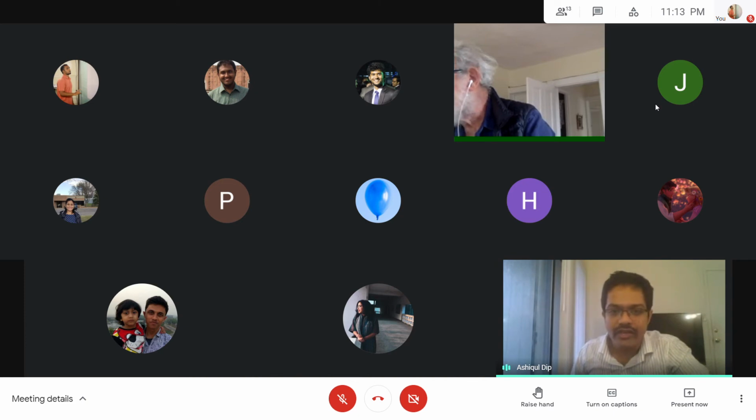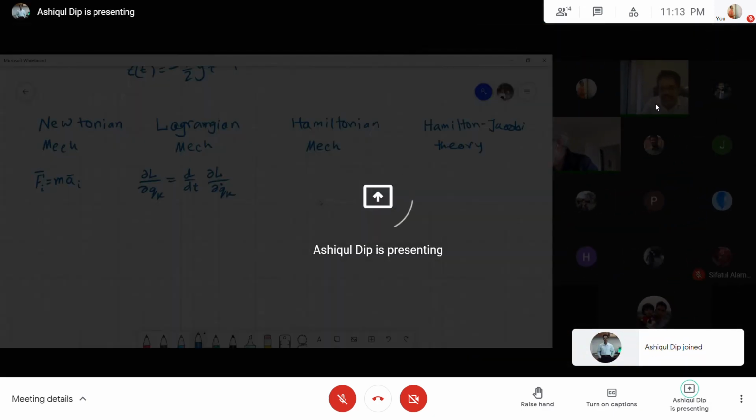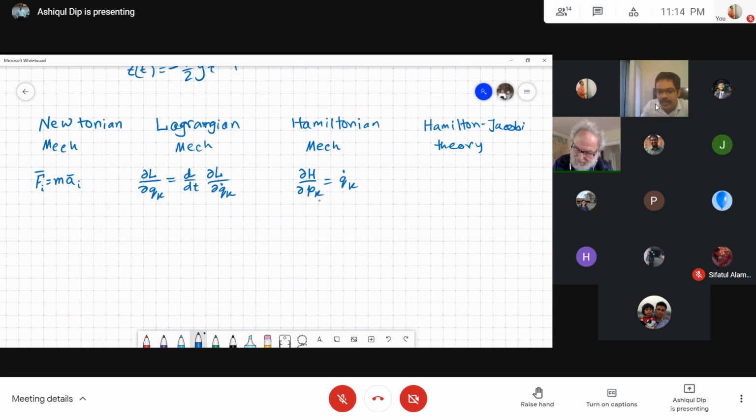Okay, so what we were saying: for Hamiltonian mechanics, we have a pair of equations. One of them is the definition of momentum, delta H by delta pk equals qk dot, and the other is the actual equation of motion, negative delta H by delta qk equals pk dot.